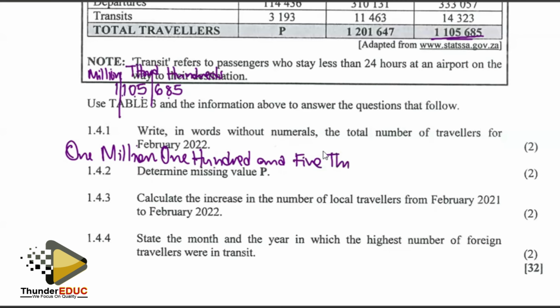These are thousands. 600, 680, 85. 1 million, 105 thousand, 685 travelers.